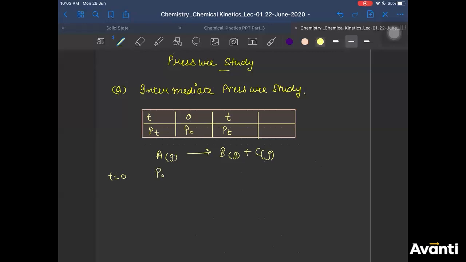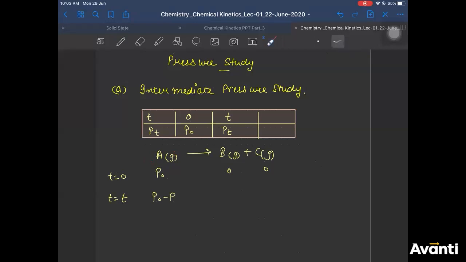P naught. The products obviously will be 0, 0. There is no product formed at T equal to 0. After T time, what happens? Some amount of reactant will dissociate. So from P naught, some pressure P will dissociate. Just like moles, you can do it. P naught minus P. Correct?